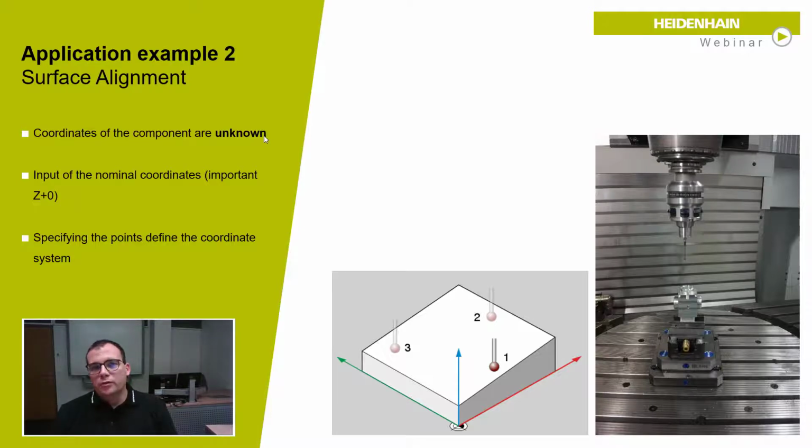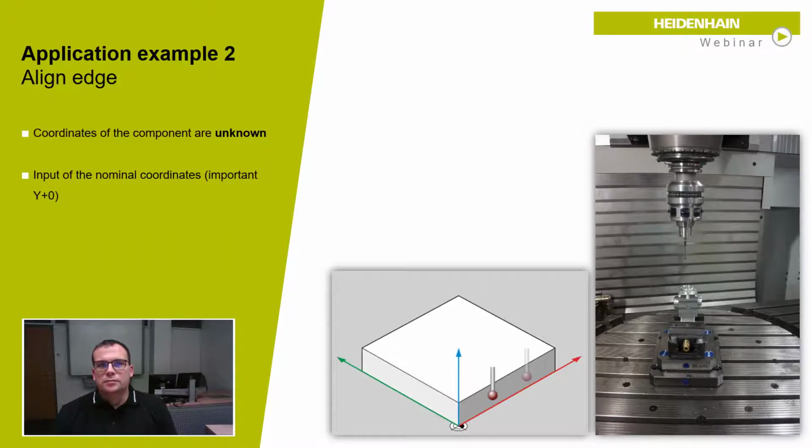But if I don't know the position, then I can also use the new probing cycles, because then we use the question mark for the semi-automatic process. We can do the same for the Y axis, and there you always see, be careful with the nominal coordinates you program in the cycle.